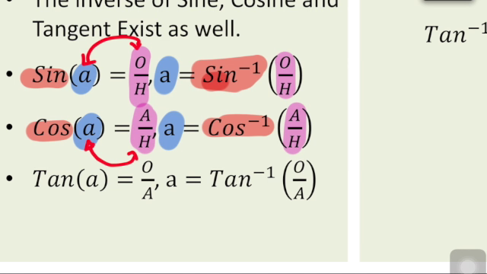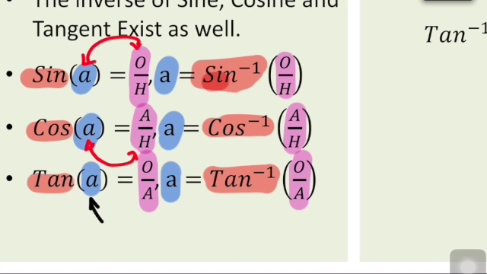My tangent now becomes tangent inverse. And then the A value is now going to be on the outside, and the A over A is now on the inside of the parentheses. All right, so let's look at a real example. These two are going to switch.